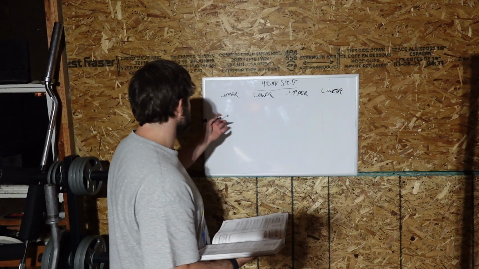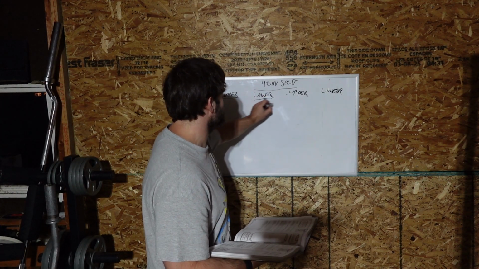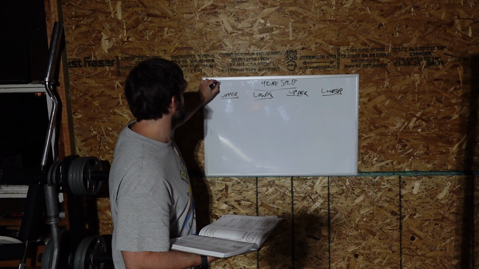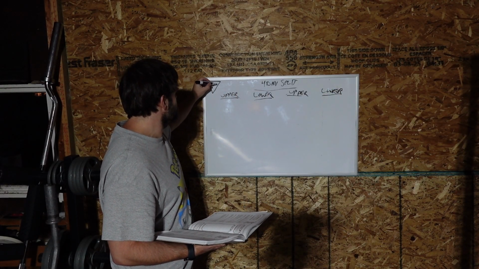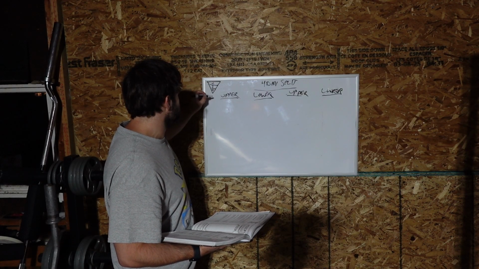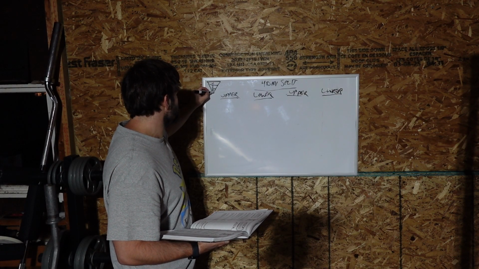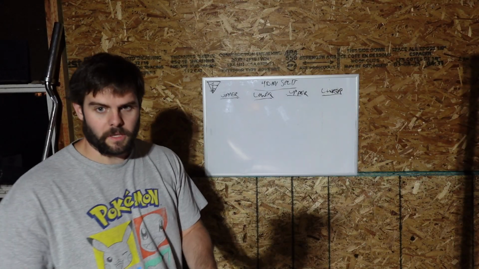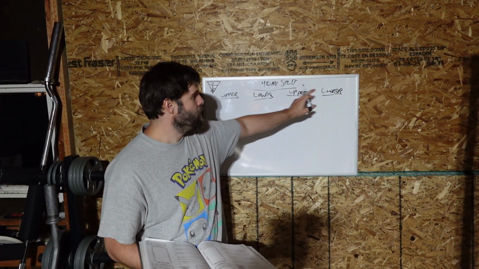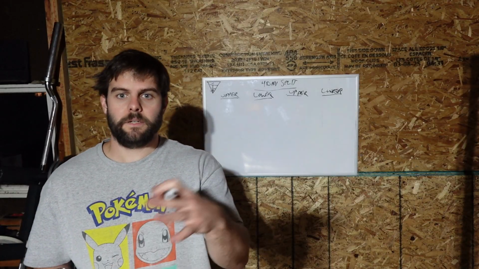Cool. So upper one. Remember how we got the reverse pyramid? I'll put that there. Remember the main, secondary, accessory, we'll say, and then core. You can't see any of that, but we'll just put that there as a reminder. So the first exercise on every day, that is our main lift.